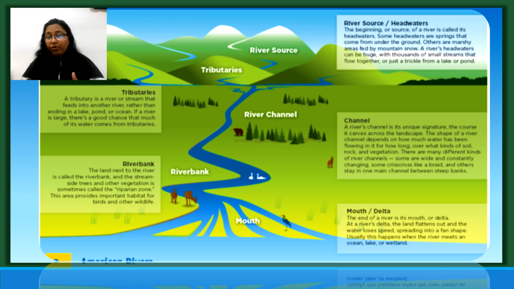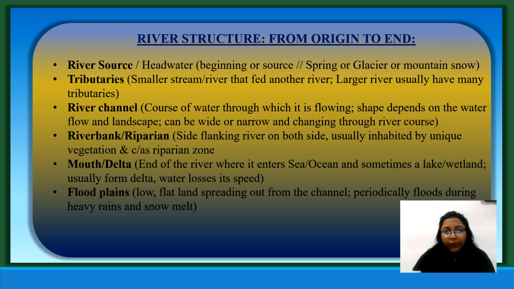So that is the mouth or the delta region. So in this slide again, we mentioned the same which we discussed in the last slide. That is the river structure, which will have a river source or headwater, and tributaries. Then we have river channel, river bank, riparian zone, mouth, delta, and then finally the floodplains.